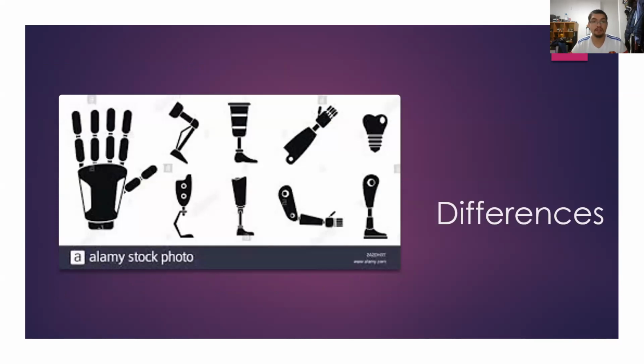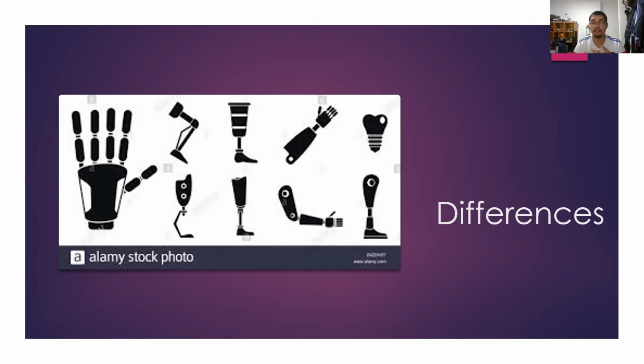Well, today I'll talk about two types of prosthetic, in specific, the simulation prosthetic and the bionic prosthetic. The first type, the simulation prosthetic, has the characteristic that it doesn't have movement, and in cases where these simulation prosthetics do move, they only have one movement, limited by the joint.